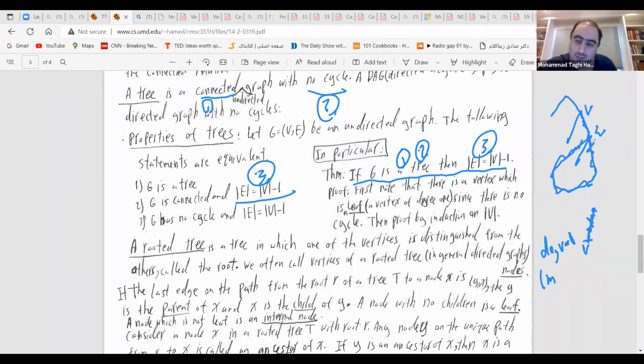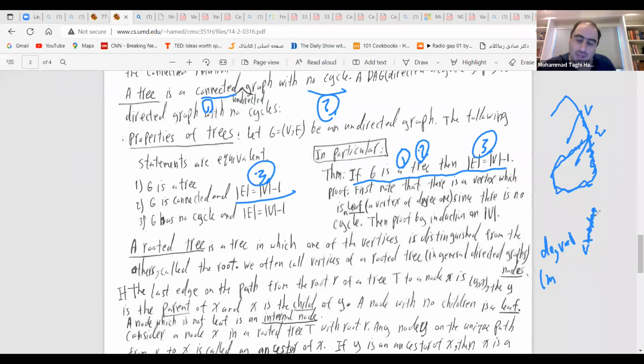Because you can start from one vertex and keep going, and you know that you cannot come back to the previous vertex because there is no cycle. So it means that you should end at some point, and that vertex should have degree 1, because you will come there, but you cannot go out. So the degree of this vertex should be 1.